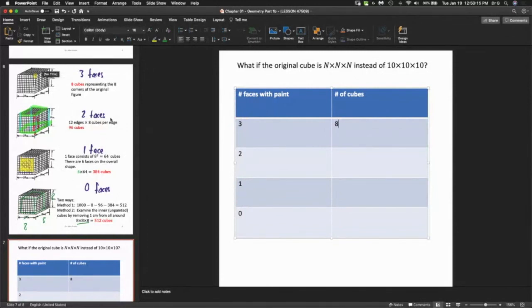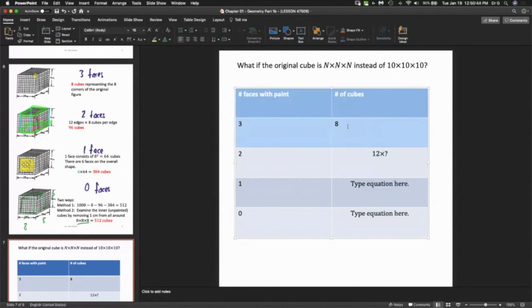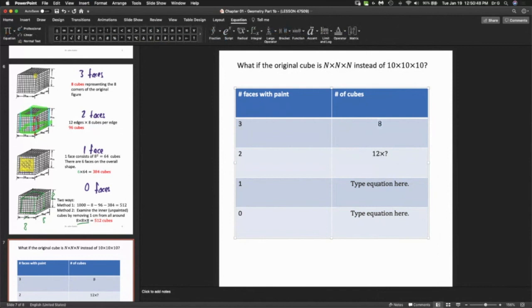But what I want you to see here is that in the remaining things, you always have the following numbers. You're always going to have 12 times something. And when you have 1 face, remember how I was going back and forth with somebody asking about the 6?